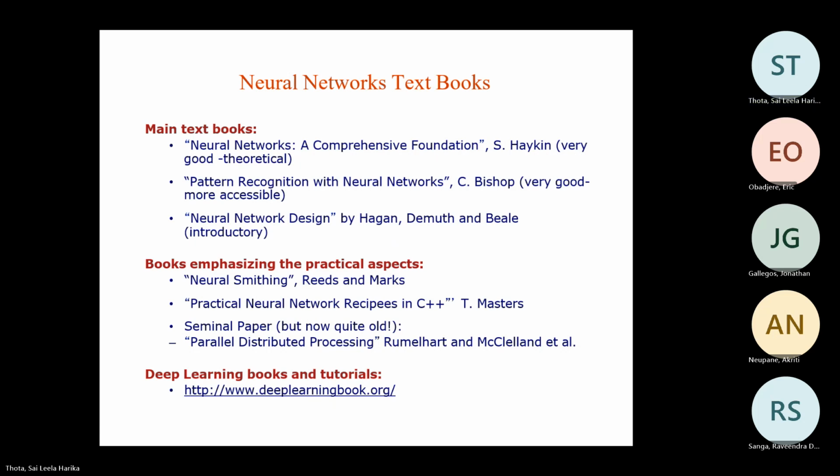Coming to practical, first prefer the theoretical books if you want, and next, the practical books: practical neural network recipes in C++ and a seminal paper. There are also more tutorials like the deep learning book.